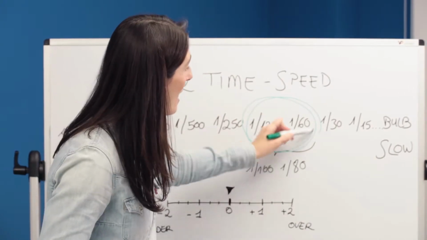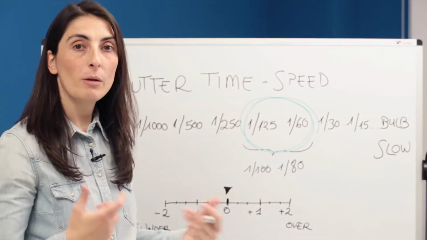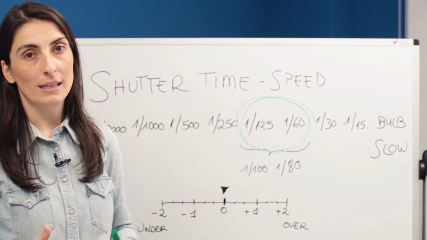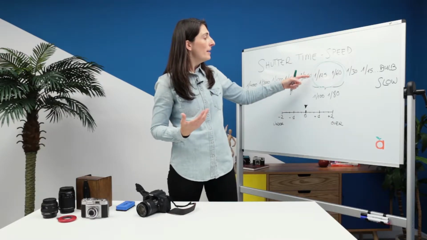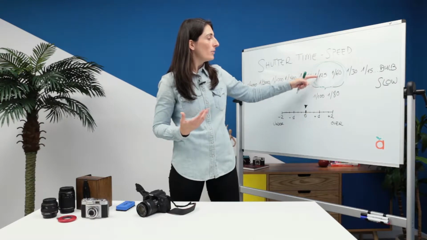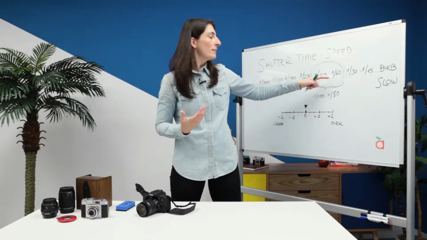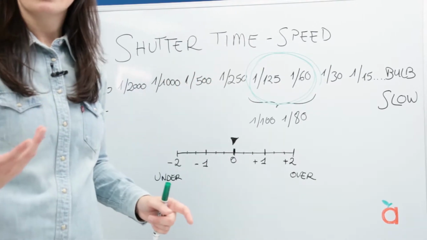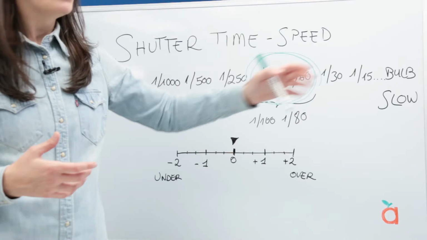However, we could set a reference limit at around 125 or 60. Some cameras refer to the speed as 1 divided by the fraction, while others use only a fraction. The number 1 here stands for 1 second divided by any number.